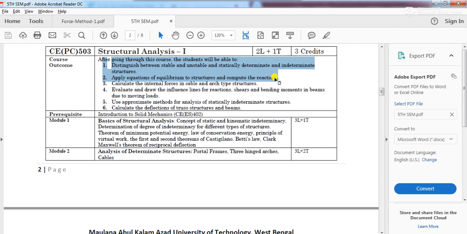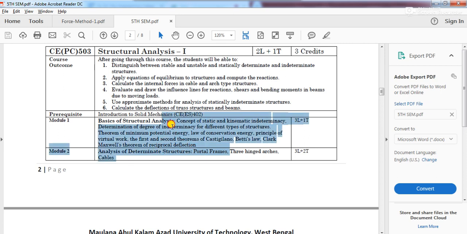So we will only be taking up to portal frames. In the next class test we will take 3-hinged arches and cables. You need not worry about 3-hinged arches and cables for this class test, but whatever I have taught you, please go through it carefully for the next class test also.